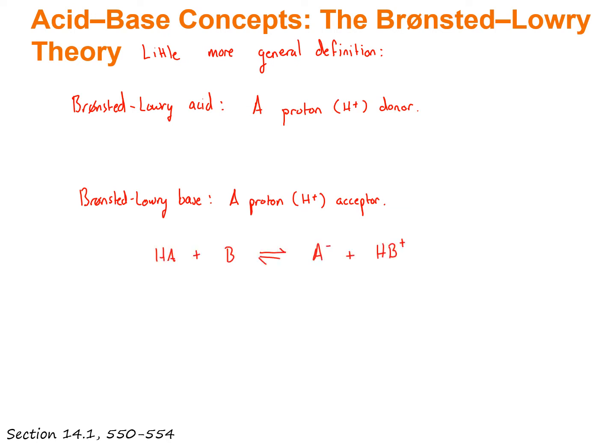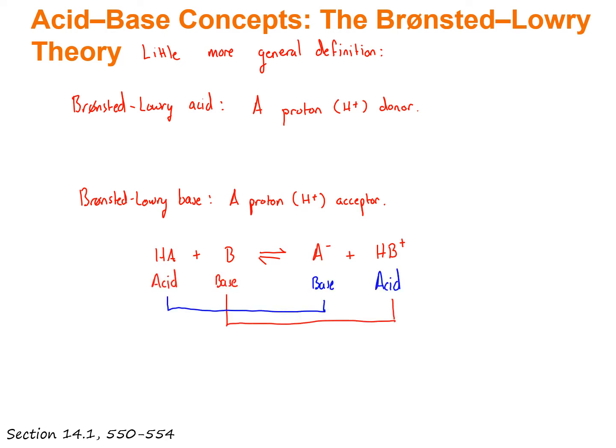If we look at a reaction where we have HA reacting with some base B, we can see that HA is acting as a proton donor as it donates its proton to that base B, and in the product we have HB plus.